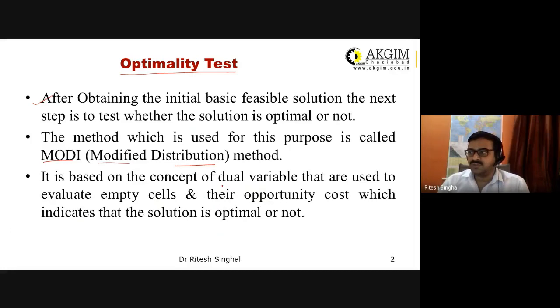It is based on the concept of dual variables that are used to find the opportunity in a particular cell. And you know, every cell is a route. So we calculate the opportunity in each cell, which indicates whether your particular solution is optimal or not. If it is optimal, then it's okay. If it is not optimal, then we have to make it optimal.